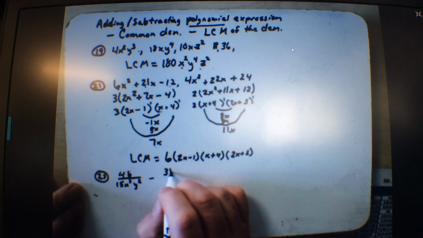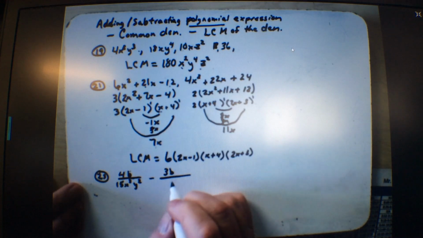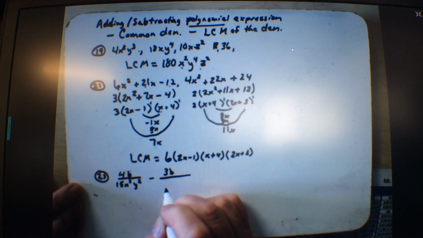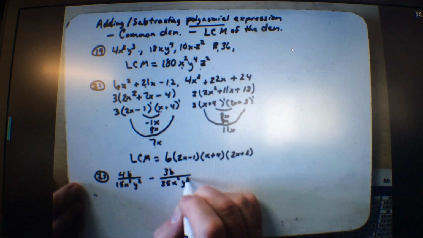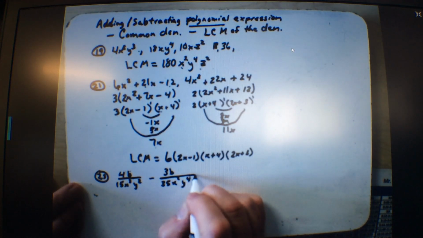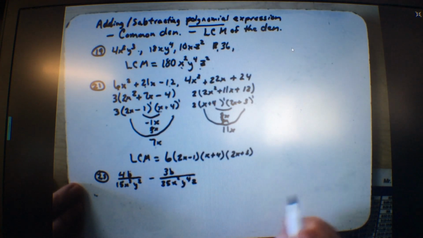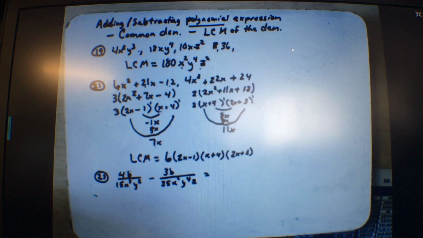Minus 3b over 35x squared y to the 4th z. Okay, that's a squared. All right, so the first thing you have to do is get a common denominator. That means I have to find a denominator between 35 and 15.